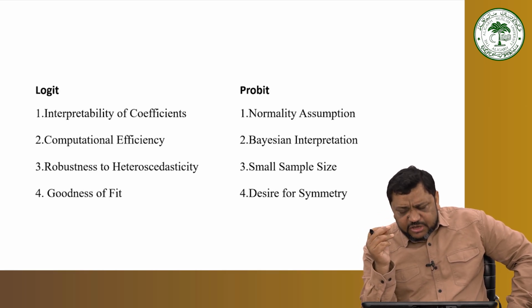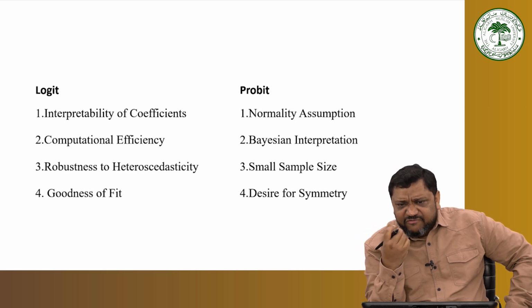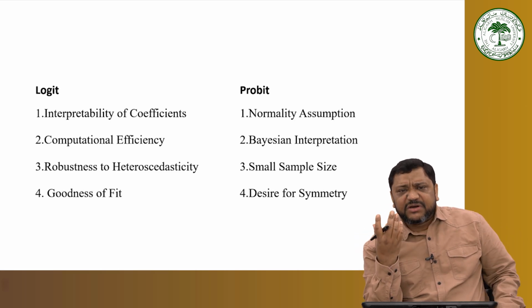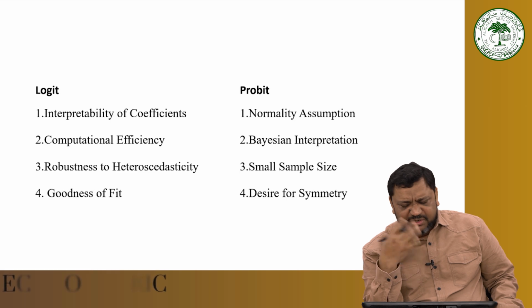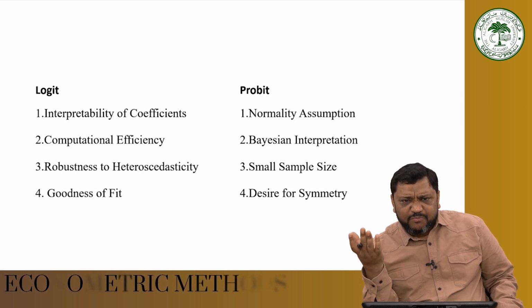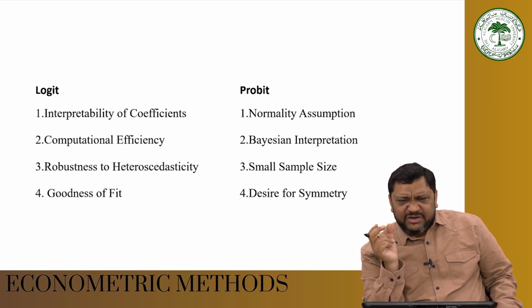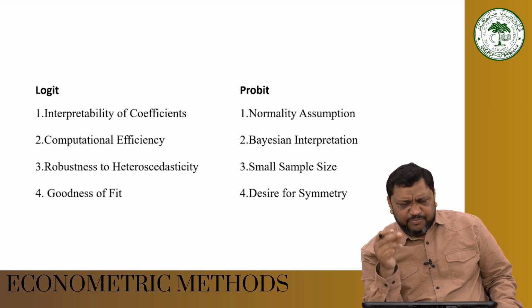We have learned how to interpret the models: you can get the results from the software, but how to interpret the results of a logistic regression we have seen. And then we had a small discussion on the probit model.